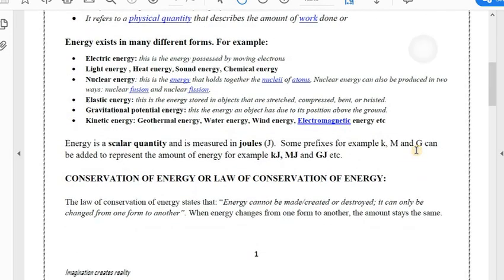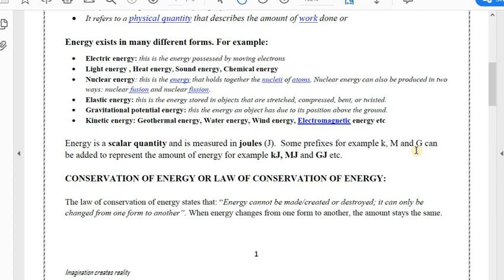If you recall from grade 8, we did presentations on kinetic energy, geothermal energy, water energy. These are forms of energy that I am sure you know.